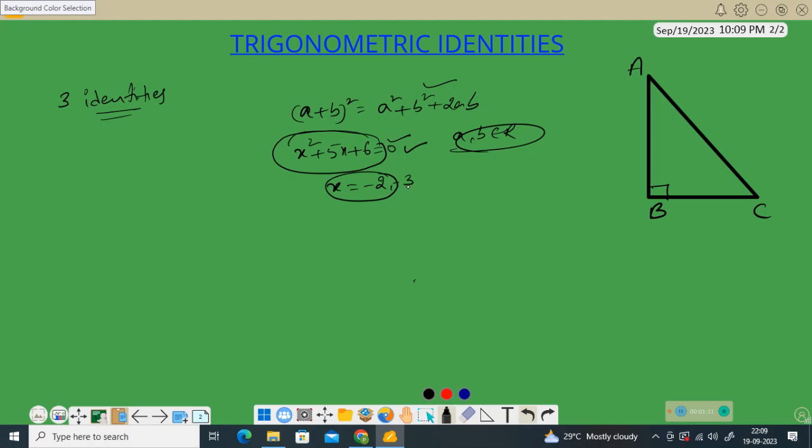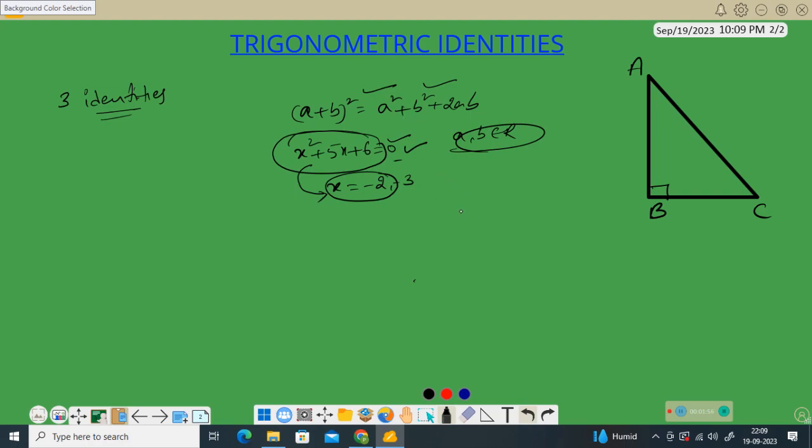If we substitute x equal to minus 3, we also get 0. Other than minus 2 and minus 3, any other value of x does not give the RHS value. That means the equation is satisfied for only some limited values, whereas an identity is satisfied for all the values of x, or whatever variable is involved.